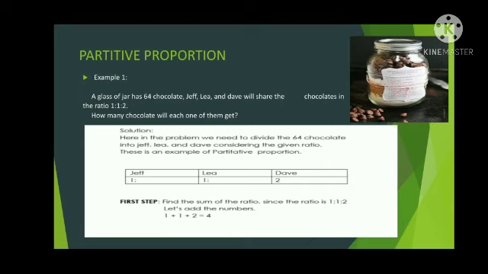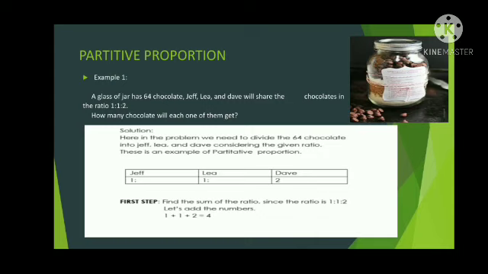So we have example number 1. A glass jar has 64 chocolates. Jeff, Leia, and Dave will share them in the ratio 1:1:2. How many chocolates will each one of them get? Again, in our example, a glass jar has 64 chocolates.